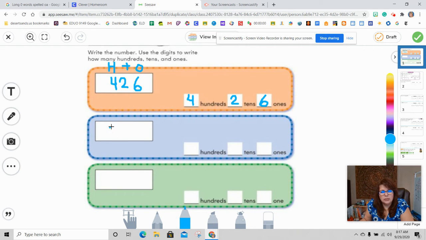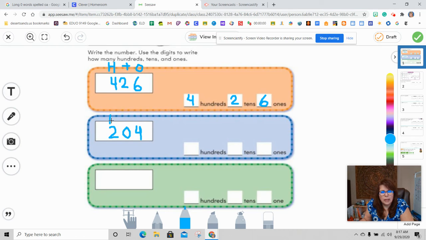Now in the number 204, because we have 200, that means that's H, and then 4. Because I don't hear anything in the tens place, I have to put a 0 there, and then 4. I have to have 3 digits if I hear the word hundreds.